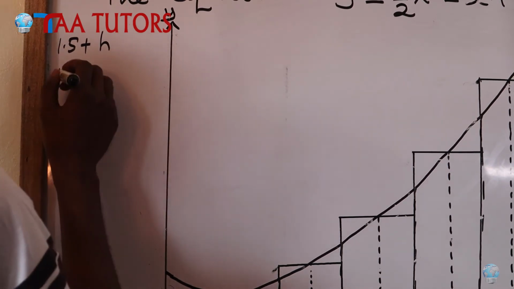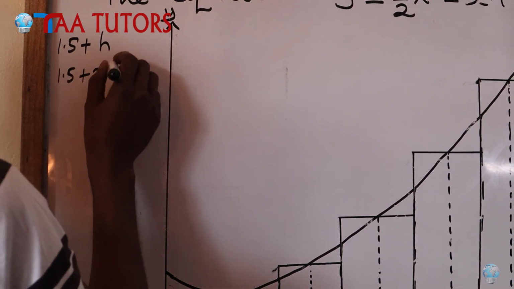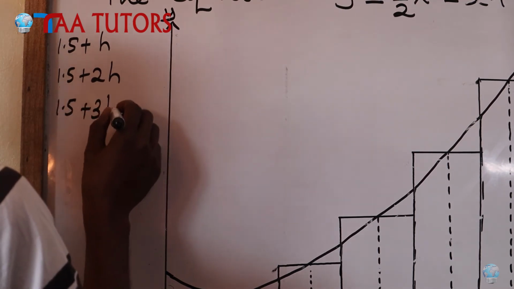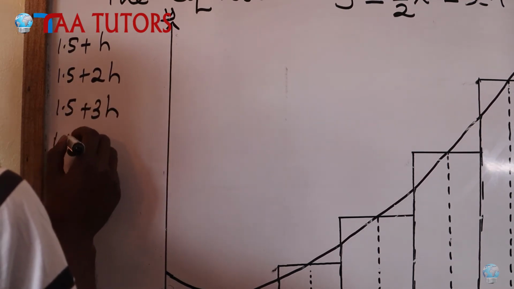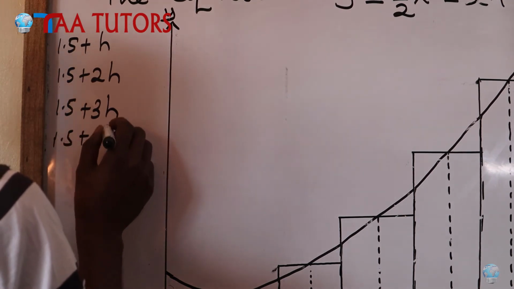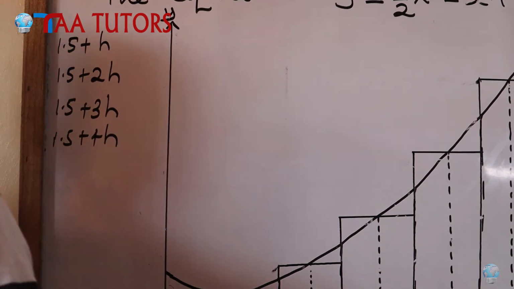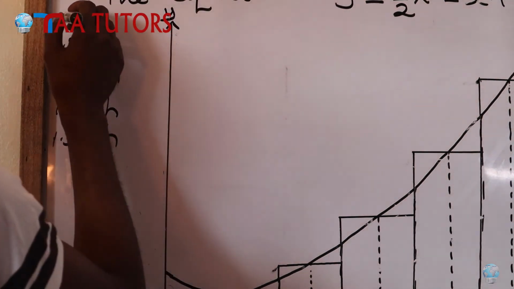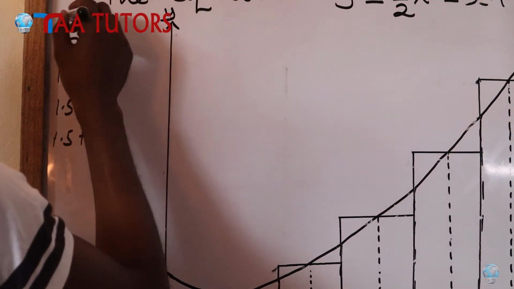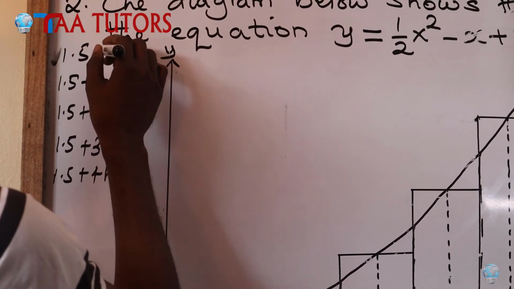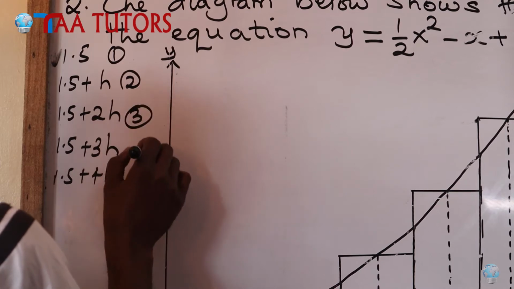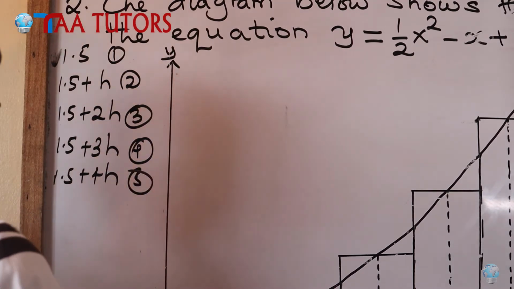The second one will be 1.5 plus 2h, the third one will be 1.5 plus 3h, then 1.5 plus 4h. The first one is 1.5. So this is the first, the second, the third, the fourth, and the fifth.